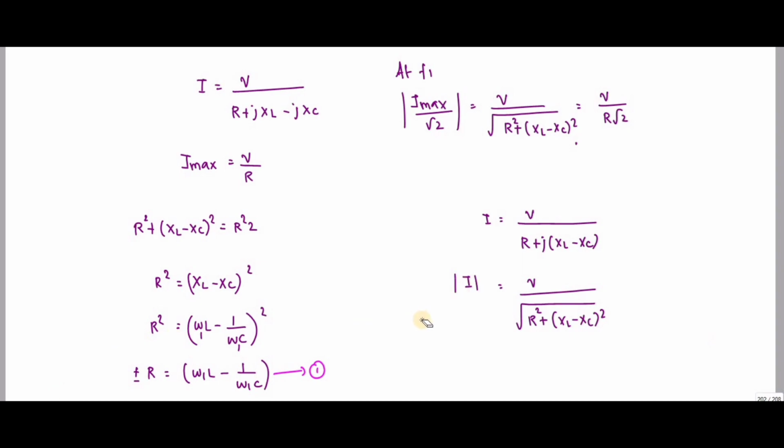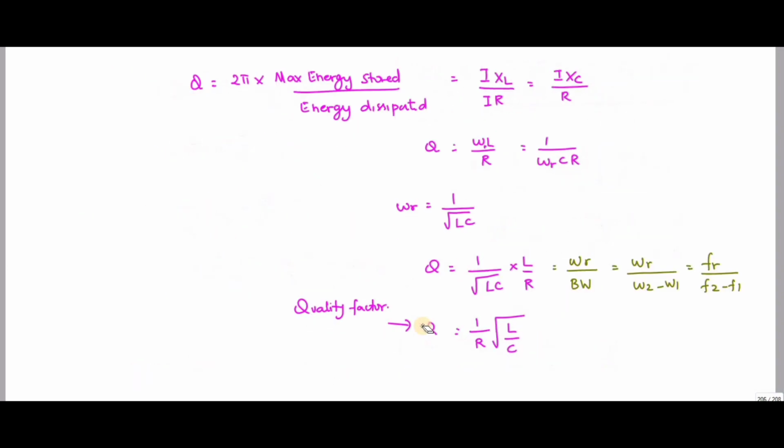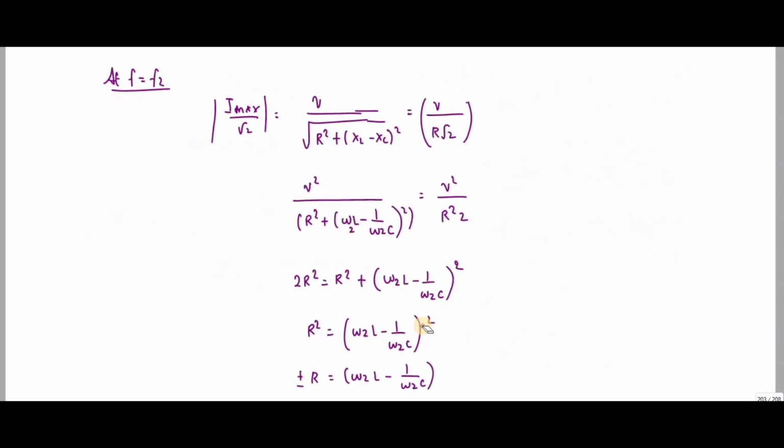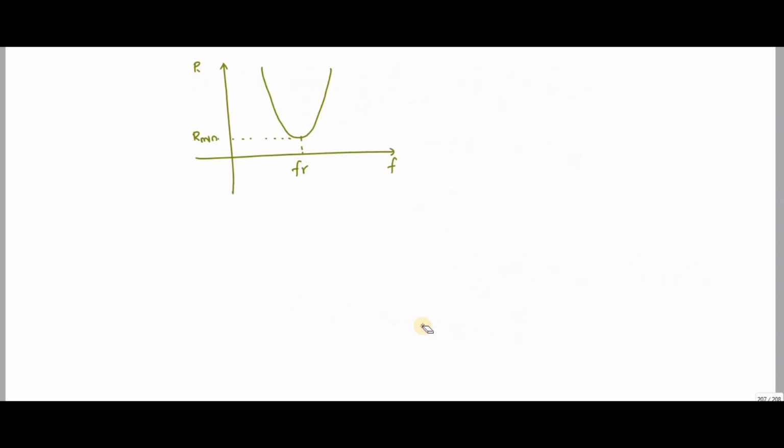So here I can write power. What is real power? Real power is equal to I into VR, the voltage across the resistance. What is apparent power?